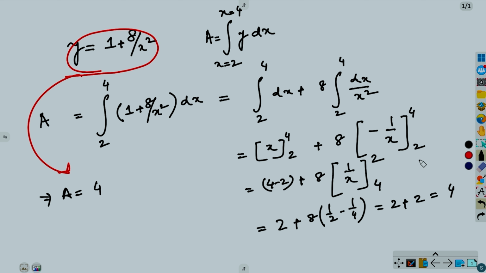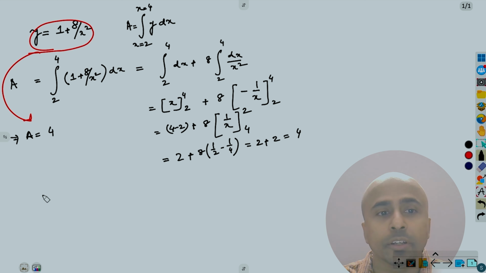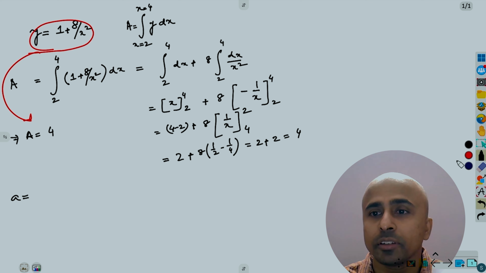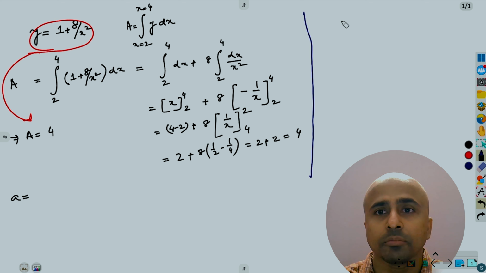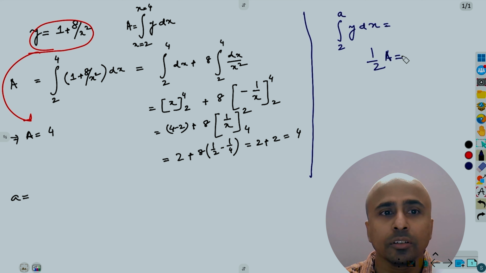Now what next is given is, we have to evaluate the value of a, small a, given that, I am writing this in a separate column, the area from 2 to a of this curve equals half of A, which is 4 by 2 equals 2.